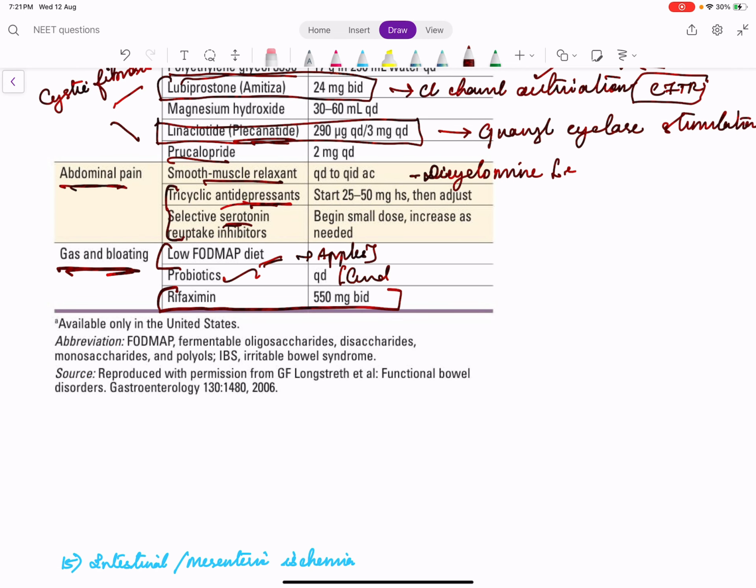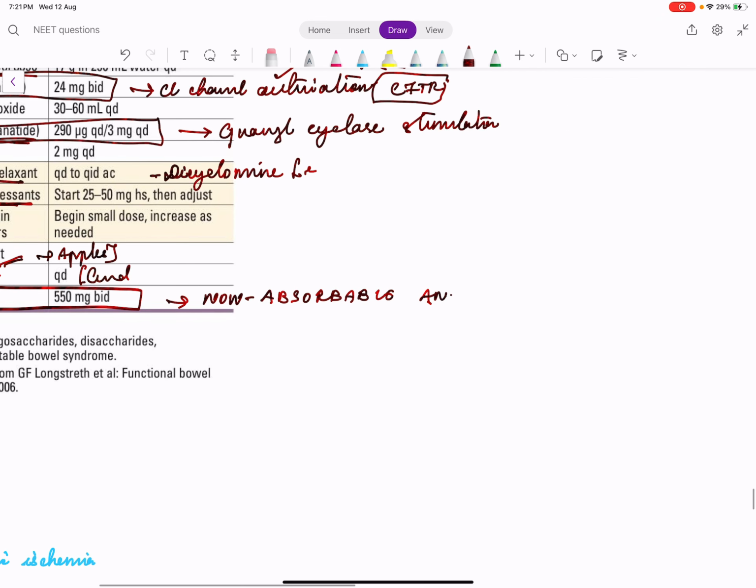Rifaximin is a drug which is used nowadays. Rifaximin, mechanism of action, it's a non-absorbable antibiotic. This non-absorbable antibiotic kills the abnormal bacteria in the GIT. So it helps with the gut dysbiosis.